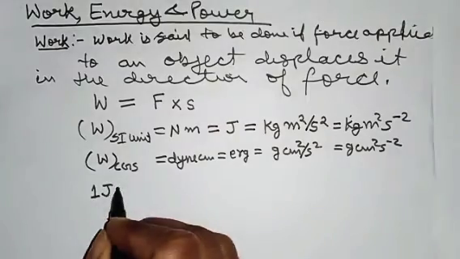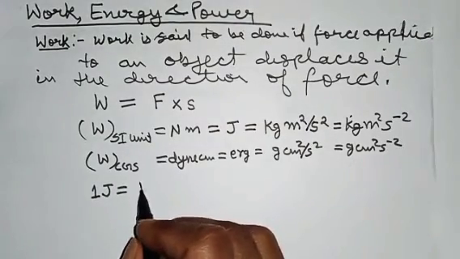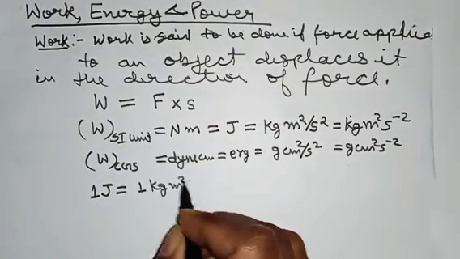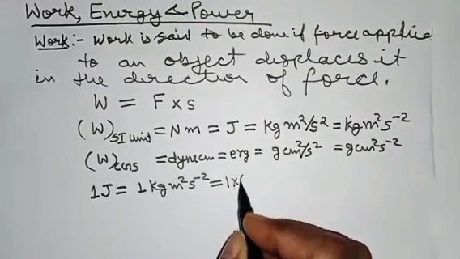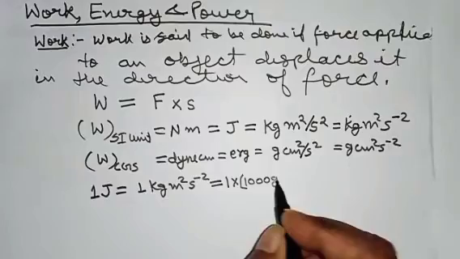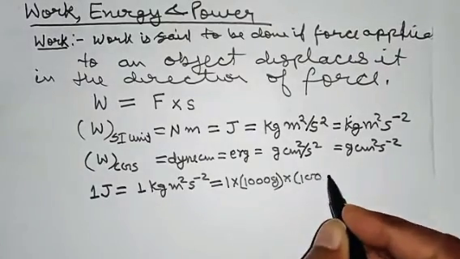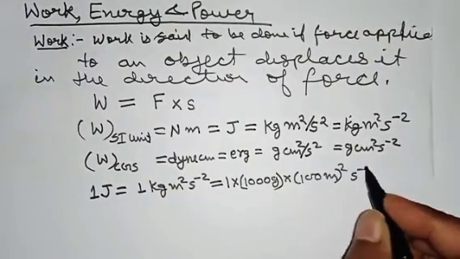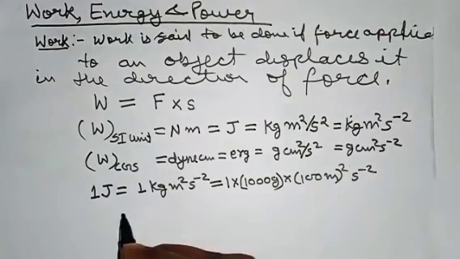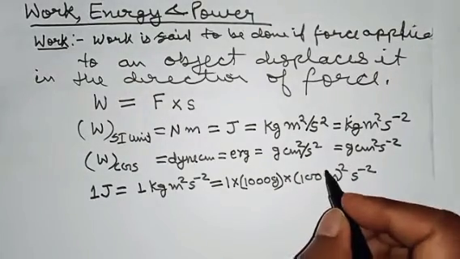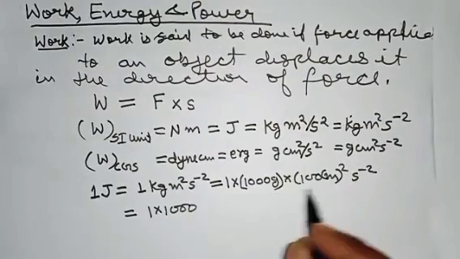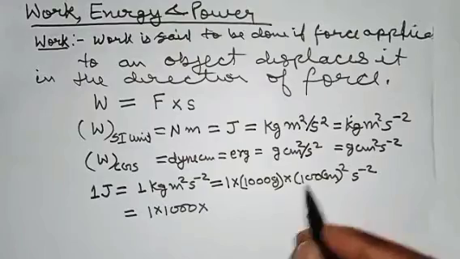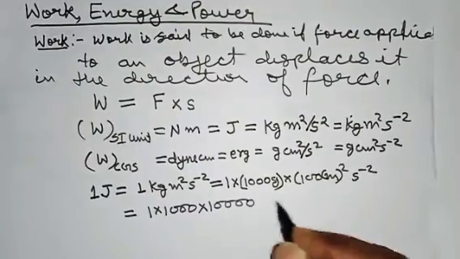So 1 joule is 1 kg meter square per second square, which is equal to 1 into 1000 gram into 100 meter square per second square, and which is actually centimeter, which is further equal to 1 into this, and square of 100 will be this.